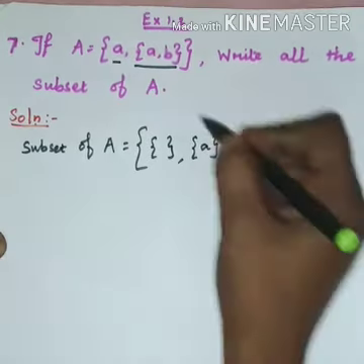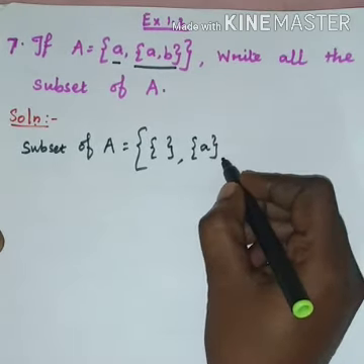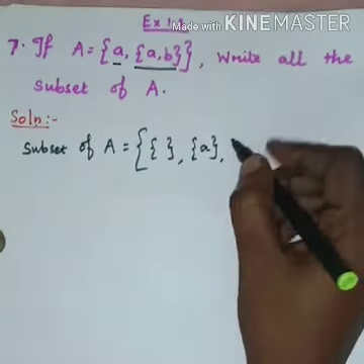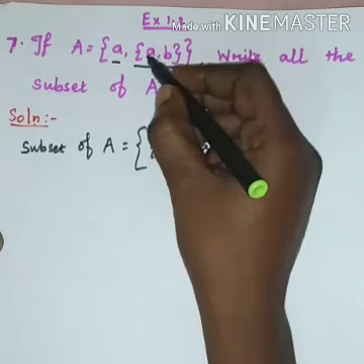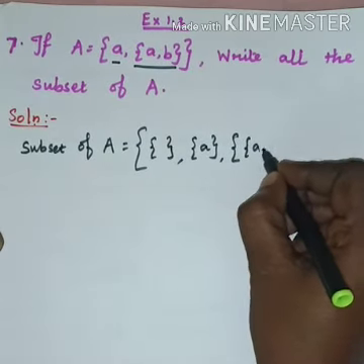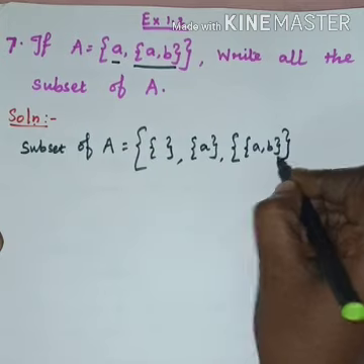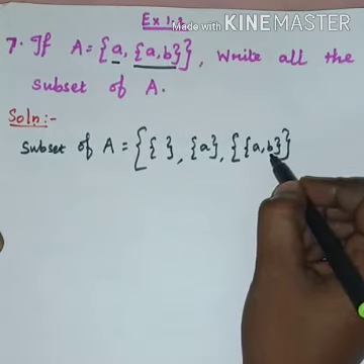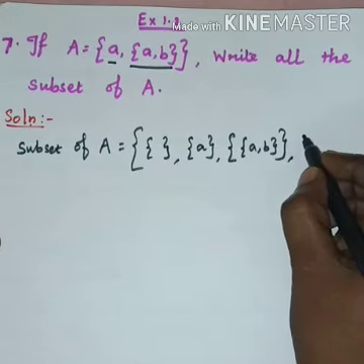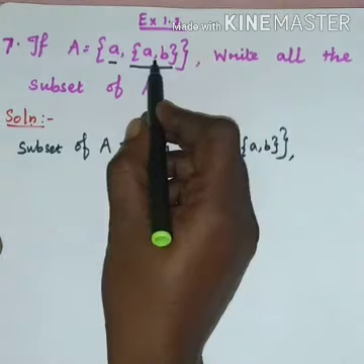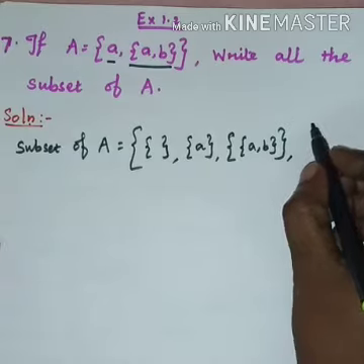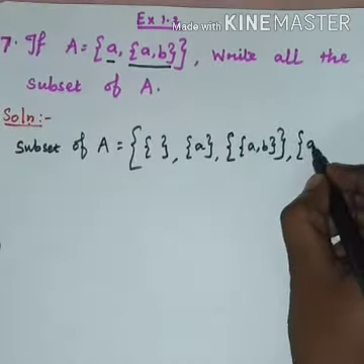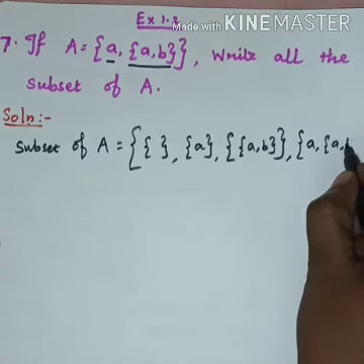The second element is {a, b}, so inside the set bracket we write the second element also. And then finally we have to write all the elements in the set A. What are the elements in the set A? The first element is a and the second element is {a, b}.